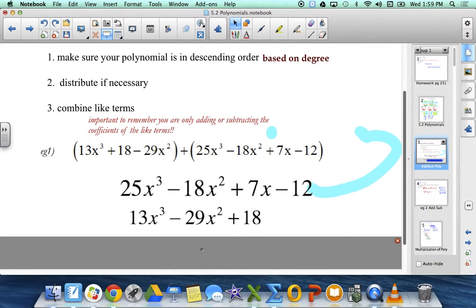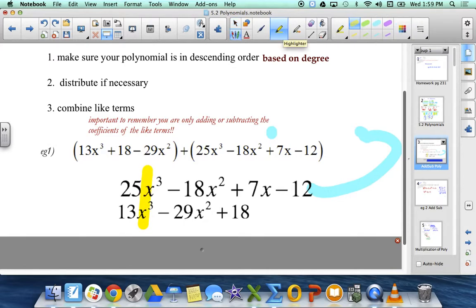We want to add these together. I like to add them up vertically. You can do it horizontally if you want. I think vertically is easy. Notice these are both x cubed. They differ only by their coefficient. These are x squared, but down here, we don't have quite the right number, do we?